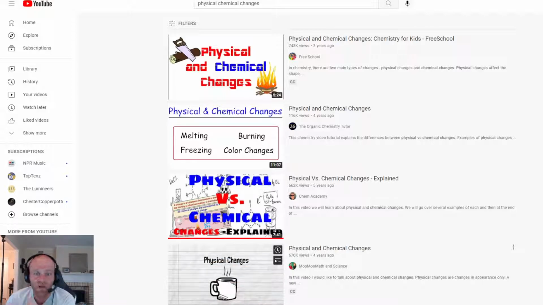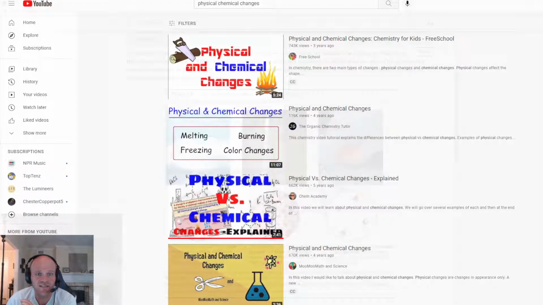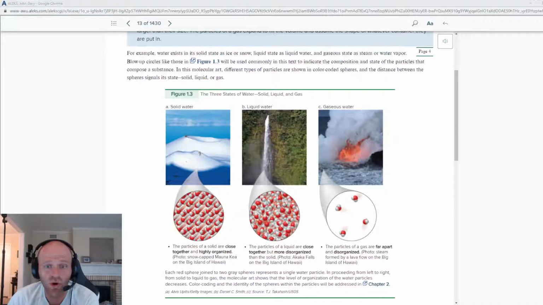A chemical change has to do with changing the actual chemical composition. When we look at this image, if I break water down into hydrogens and oxygens, that would be a chemical change. The molecule is different than the water originally was. I've split up the hydrogen and oxygen, and these are all individual atoms.